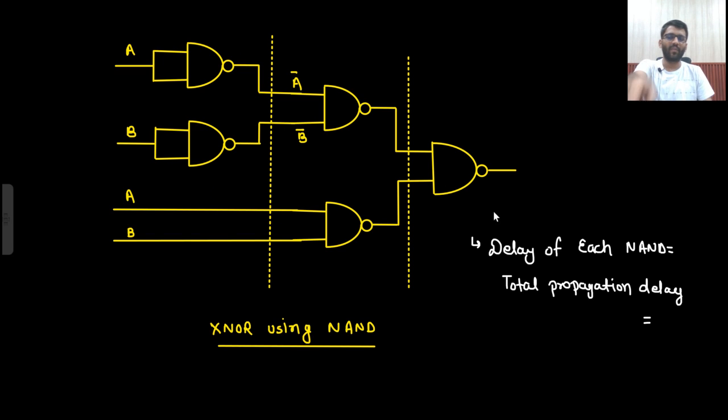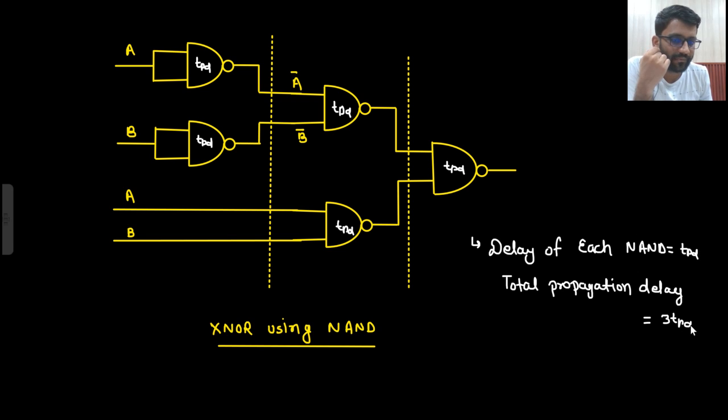So in the same way I have implemented this. Right? Now tell me, if this has TPD delay and this has TPD delay, all are having TPD delay, then how much will be the total delay? 3 TPD, right? Because this is a level 3 assembly.